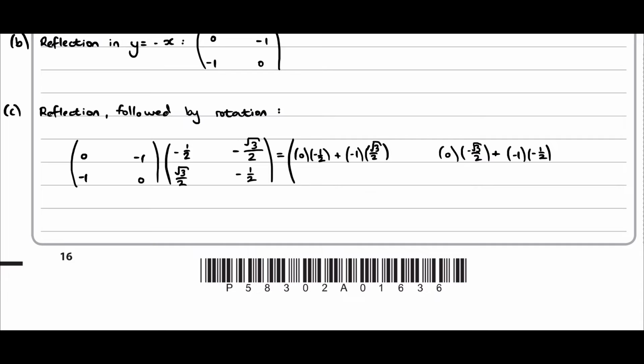For the bottom element over here, we have -1 lots of -1/2 plus 0 lots of √3/2. And finally, we have -1 times -√3/2 plus 0 lots of -1/2.